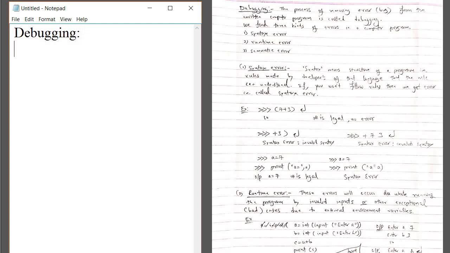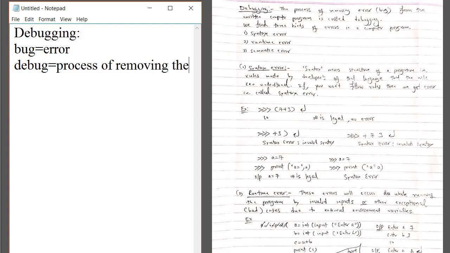First of all, we need to know what do you mean by bug. Bug means error. In computer terminology, bug means what? Error. Debug means the process of removing the errors from written program.